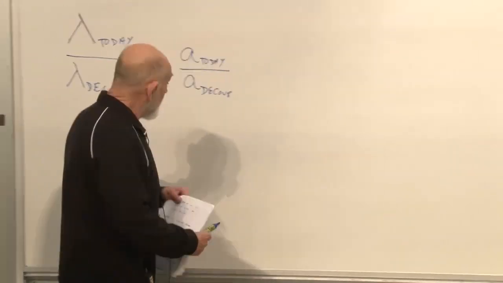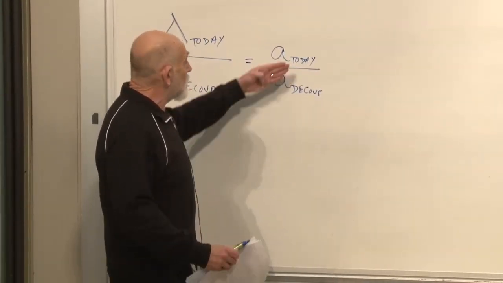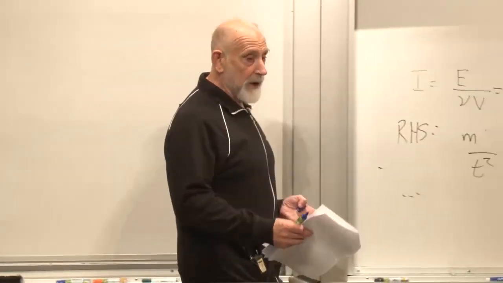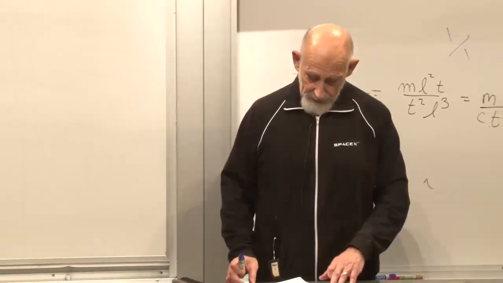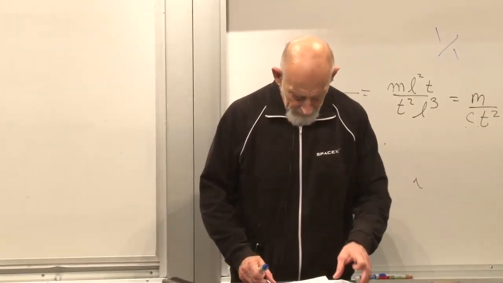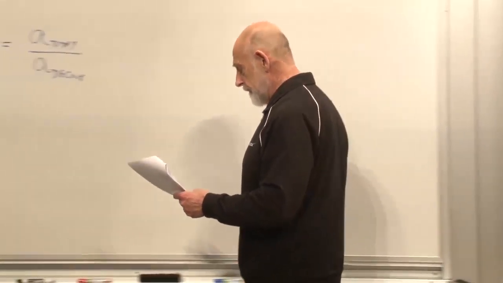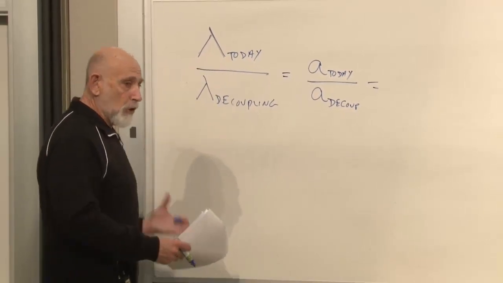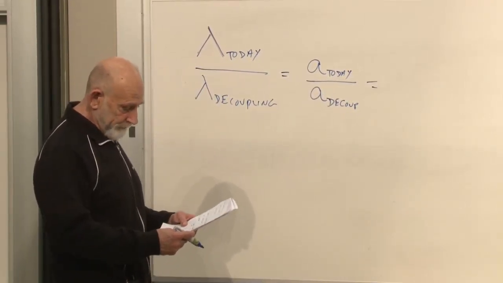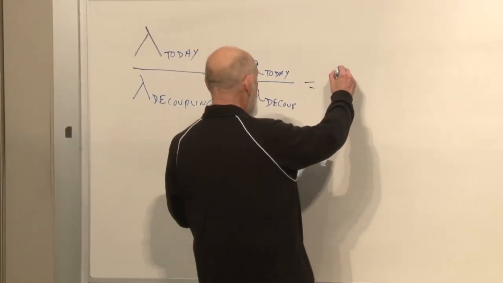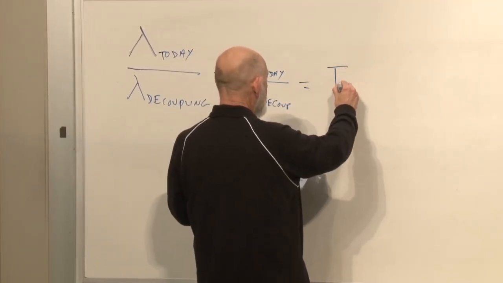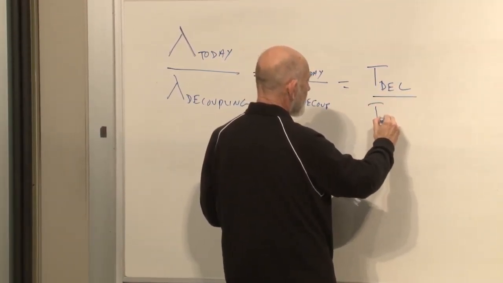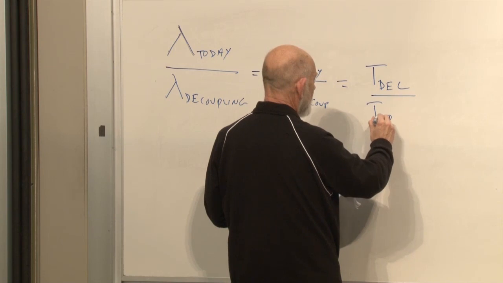In other words, this ratio is the ratio by which the universe expanded between the decoupling phenomenon and today. So it's interesting to ask, what do we know about it? Okay. It is also equal, since the wavelengths are inversely proportional to the characteristic temperature, to the ratio of the temperature at decoupling to the temperature today, T today.